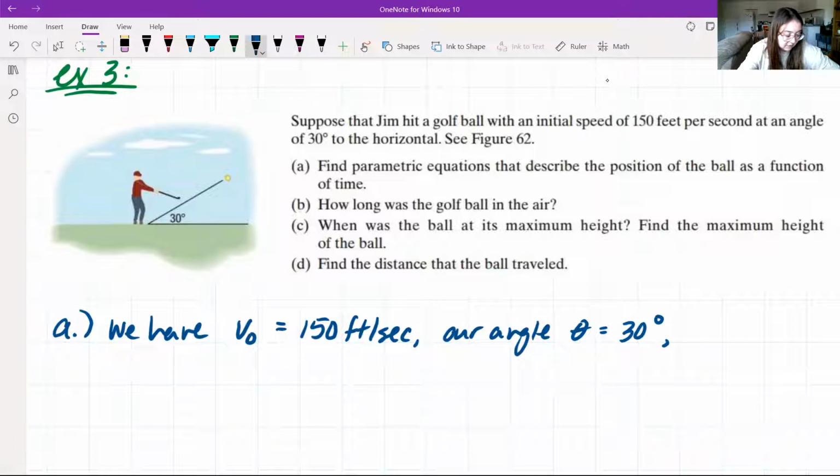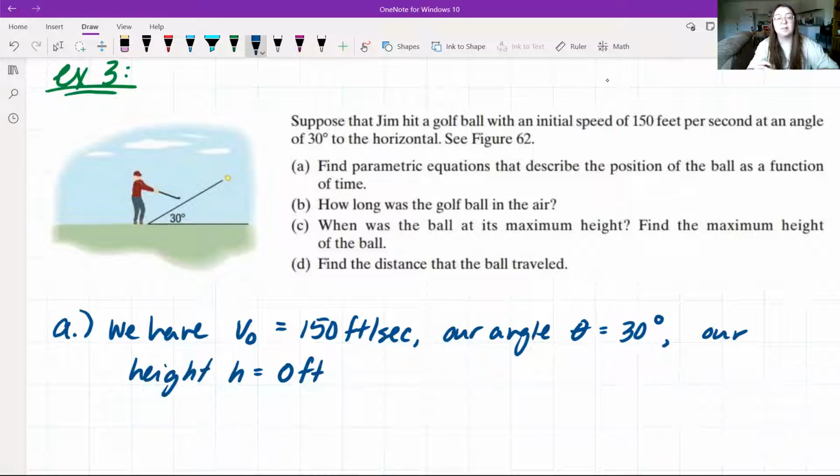Then we have h, our height. Our starting height is going to be 0 feet, because our golf ball is on the ground.